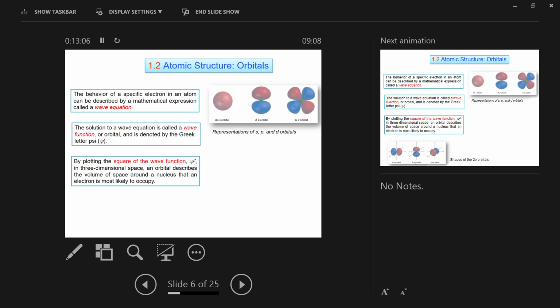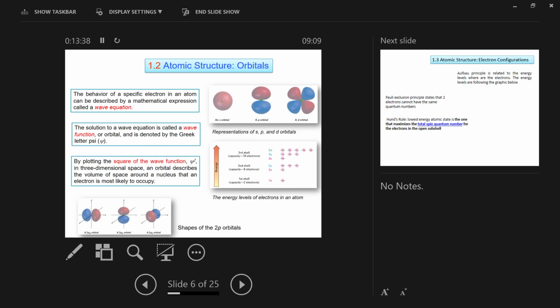P orbitals are like two lobes, one up and one down, while the d orbitals have more complex structures that we will not enter into in this lecture. The p orbitals can be oriented along each axis, x-axis, y-axis, and z-axis, but they are the same: basically two lobes, following one axis.